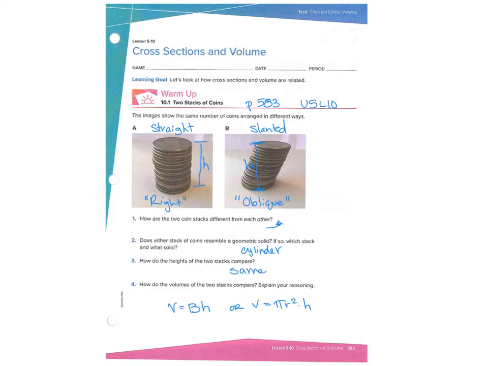So my volume is the same: the same circular base area on both sides, the same quarter at the bottom, times the exact same height. Since they have the same base area and the same height, these two cylinders, one being a right cylinder, one being oblique, would have the exact same volume. So it doesn't matter that my solid is slanted.